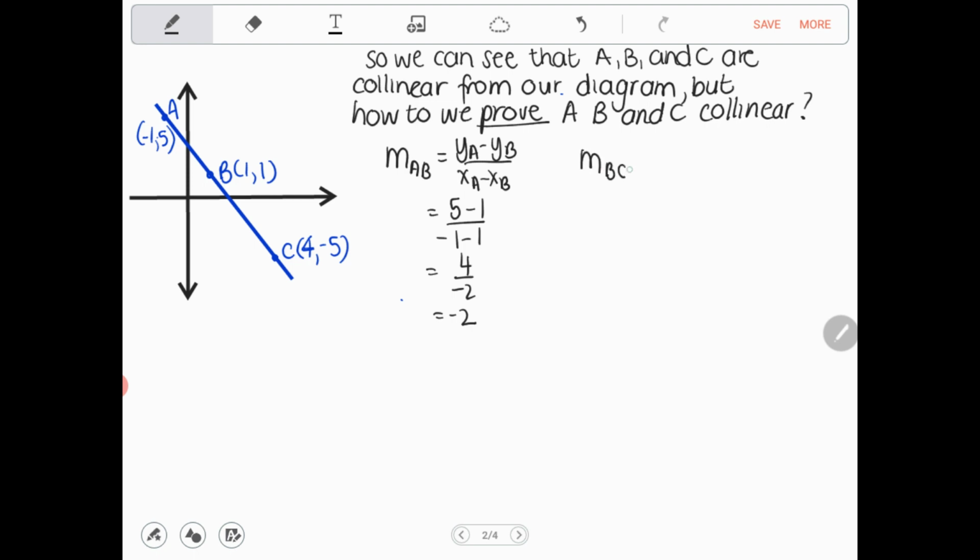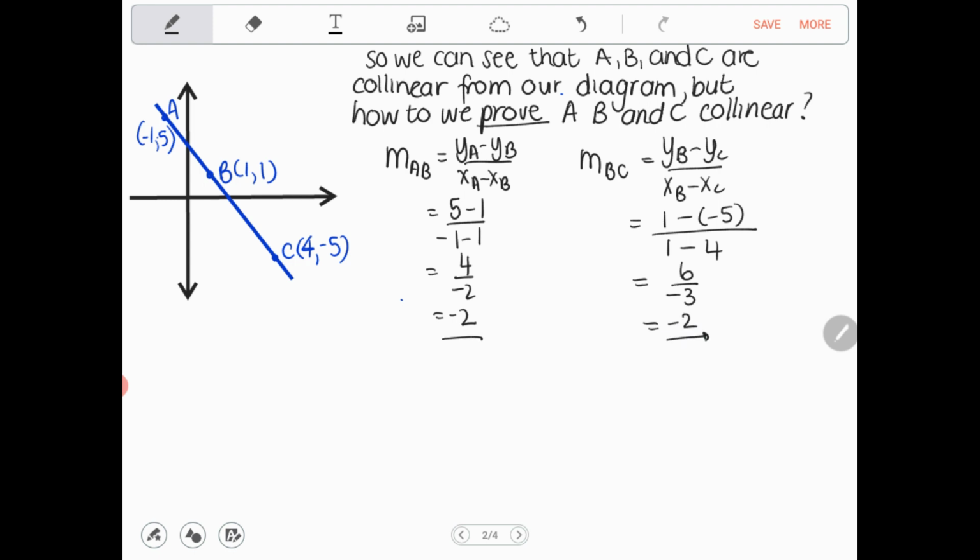The gradient between B and C, so I'm taking those 2 points. We're going to have 1 minus negative 5, remember your bracket, over 1 minus 4. That's 1 plus 5, 6 over negative 3, which gives you negative 2.